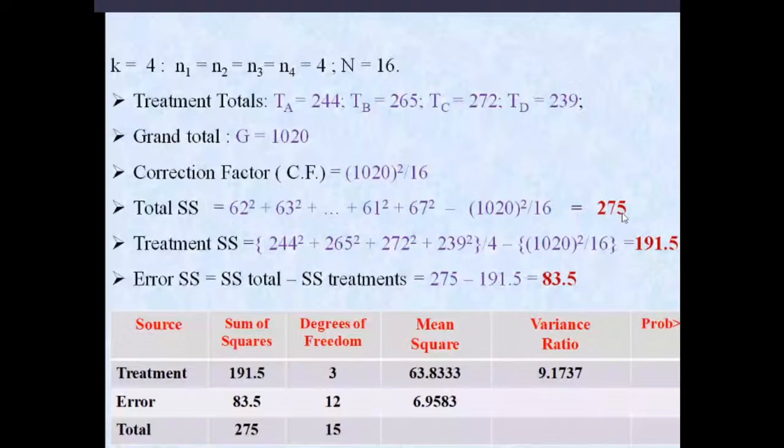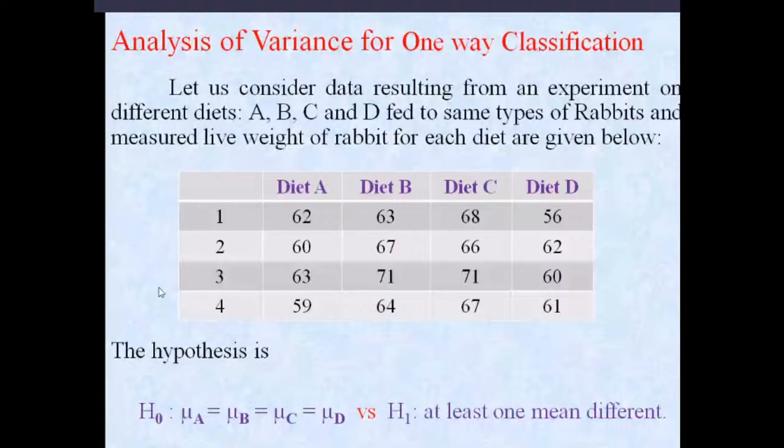Then I calculated another one, 244 square by 4. That is the first diet A total, 244, squared, divided by how many observations? 4 observations.